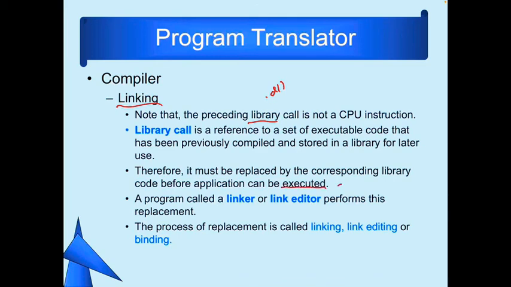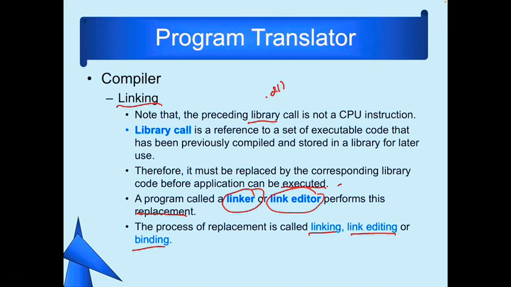A program called the linker, or link editor, performs this replacement. So when your program calls the library, we have the linker or link editor that performs the replacement. The process of replacement is called linking, link editing, or binding. I hope this is clear.